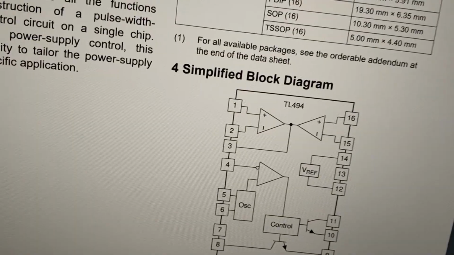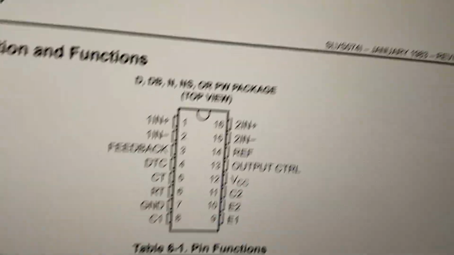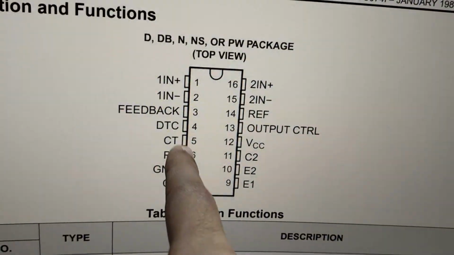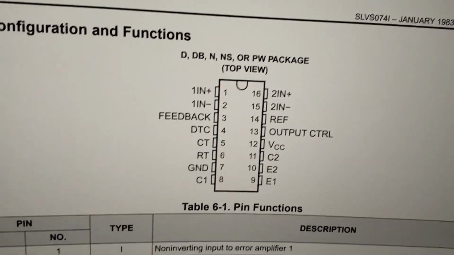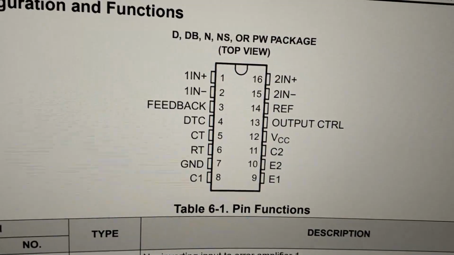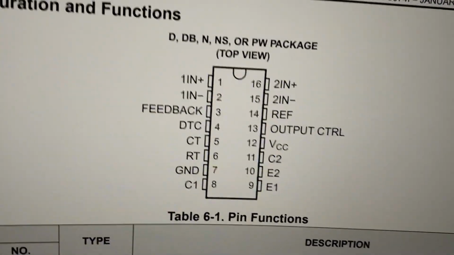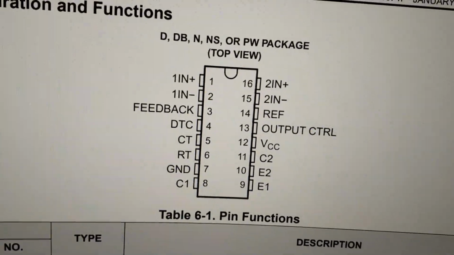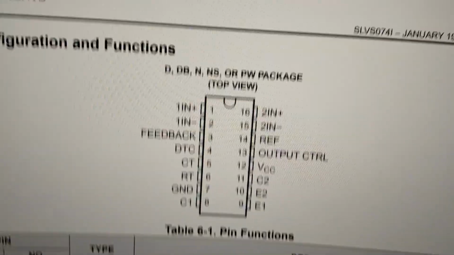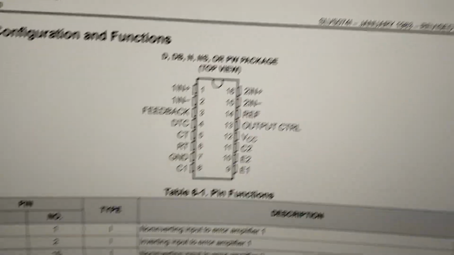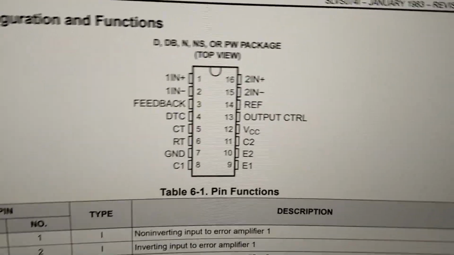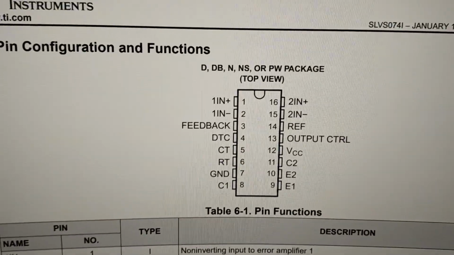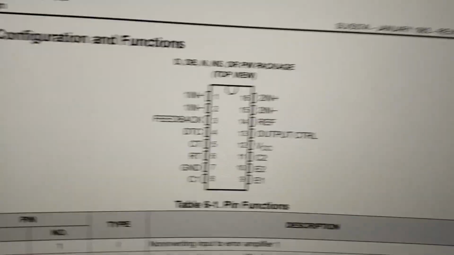But for now, since we are only doing open loop, we can make use of this DTC pin here, which stands for dead time control. Indirectly we can control the duty with it, even though it's not meant for that directly. And the RT and CT here basically decide the frequency at which you want to operate. And yeah, it has two open collector outputs, so we're going to be using one of them.